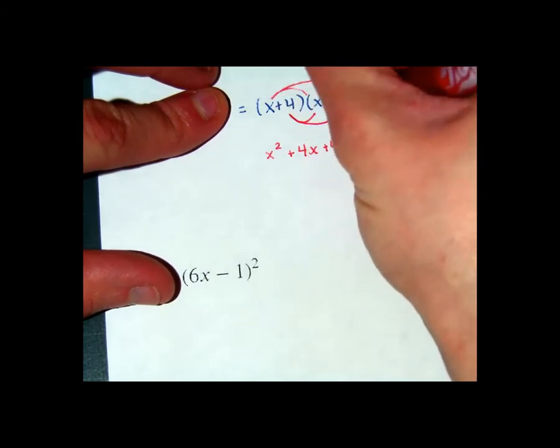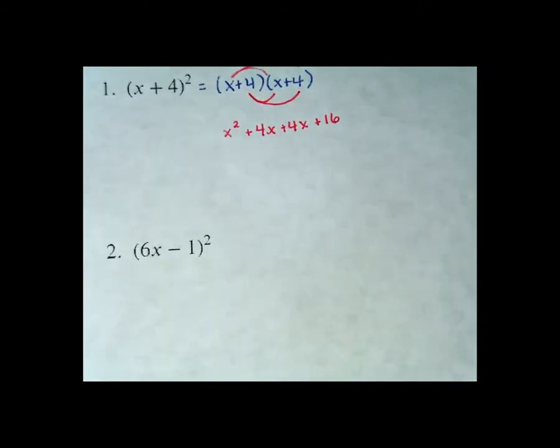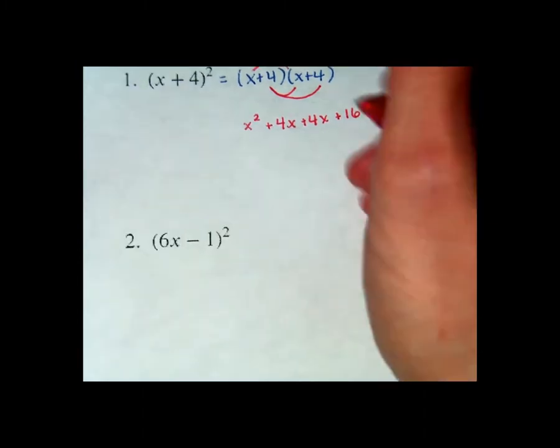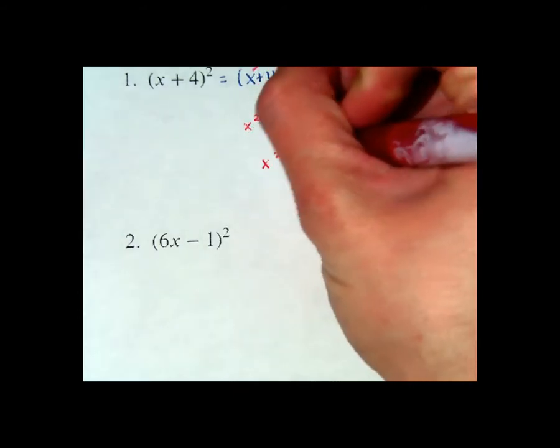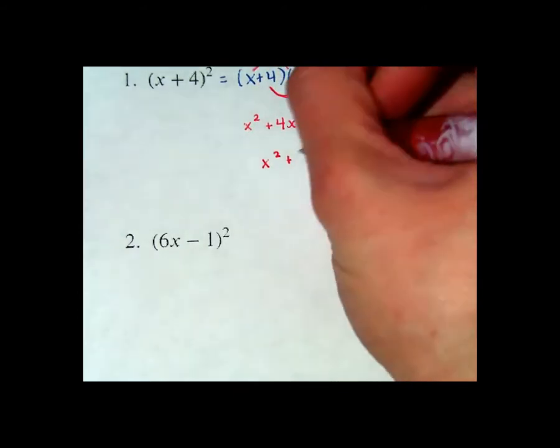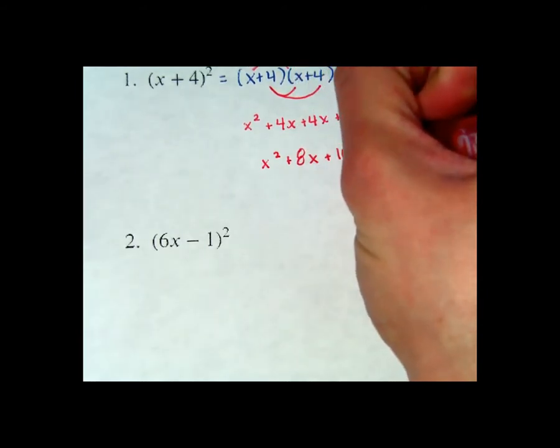And 4 times 4? What do we do last? Combine like terms. Are there any? What are the like terms? The two 4x's. X squared plus, what's 4 plus 4? Plus 16.